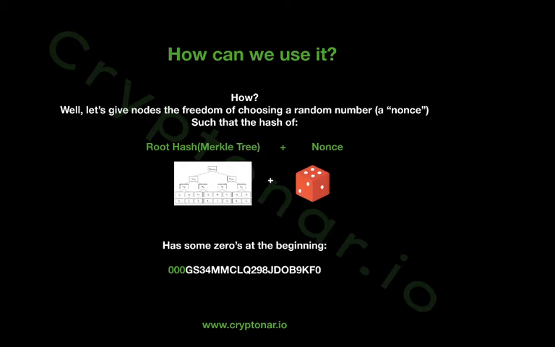This casual number has the only purpose of mixing in a way with the root hash of the Merkle tree, which is this representation of transactions. And it's like a dice. You try random numbers until you get one that makes everything work, that gives the amount of zeros you want at the beginning.